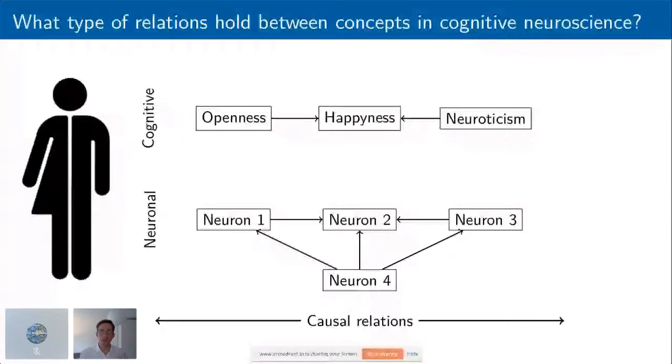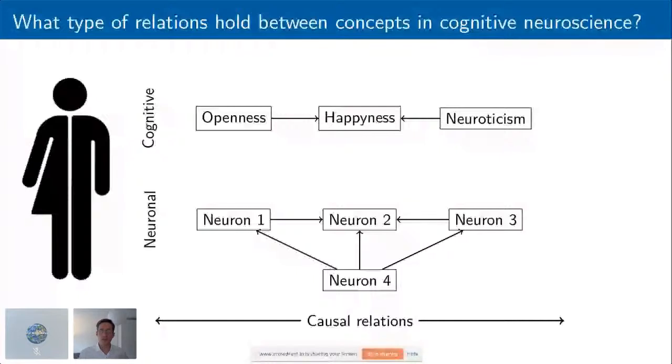We must be able to intervene on these concepts separately, for instance, intervene on openness with maybe some sort of psychotherapy, while leaving neuroticism alone. And on the neuronal level, we must be able to intervene on one neuron, maybe by sticking an electrode into it and making it fire, but leaving other neurons alone, because these are separate causal concepts.